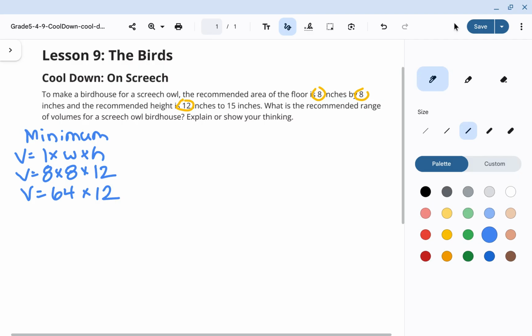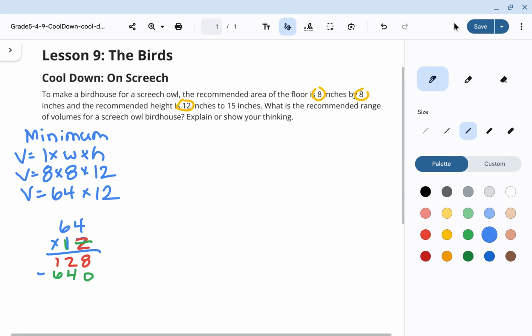Let's come to the bottom and do that. If I have 64 times 12, let's first multiply by the 2. 2 times 4 is 8, and 2 times 6 is 12. Now I'm going to move on to my 1, which is in the 10 place. So I'm going to put in my 0, and now I'm going to do 1 times 4, which is 4, 1 times 6, which is 6.